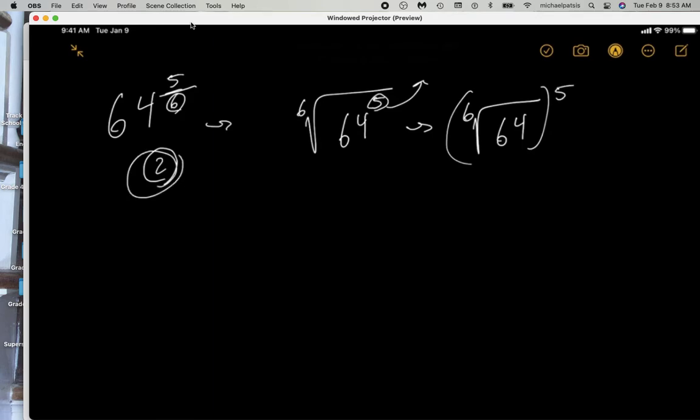Again, always be suspicious of 2. It turns out that 2 times itself 6 times does in fact equal 64.